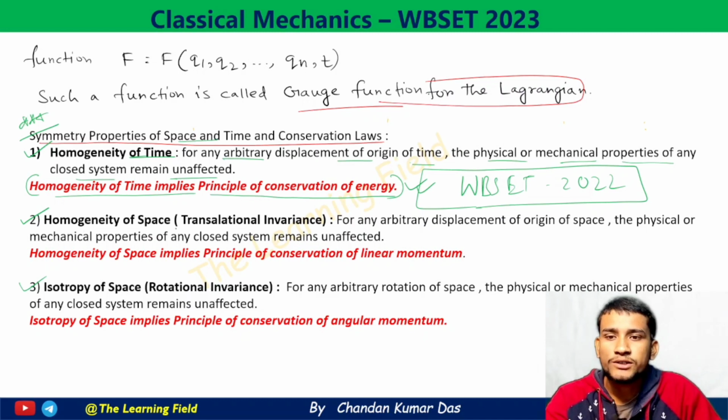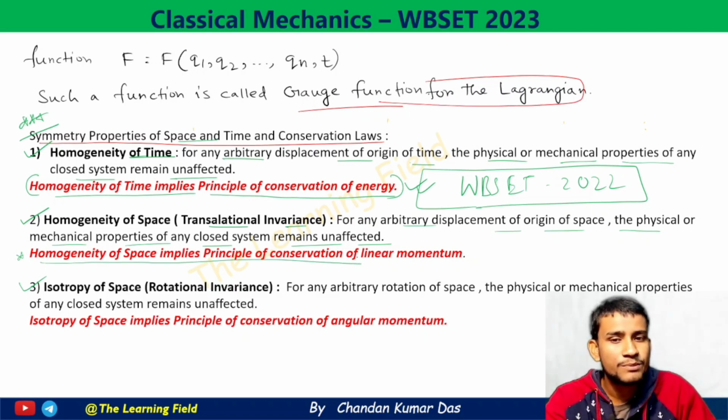And the second one is homogeneity of space, this is called translational invariance. For any arbitrary displacement of origin of space, the physical or mechanical properties of any closed system remain unaffected, okay. The important line is that homogeneity of space implies the principle of conservation of linear momentum.